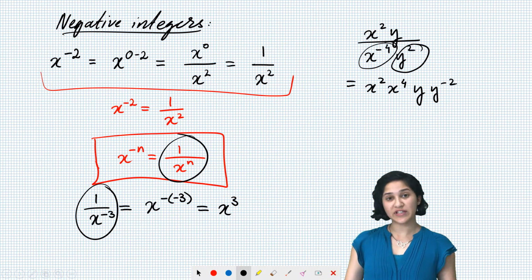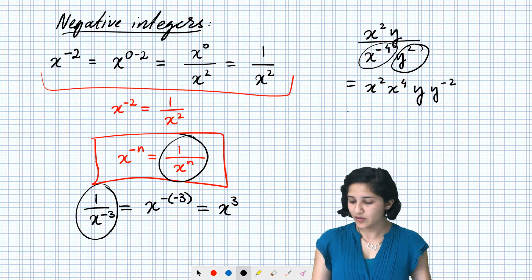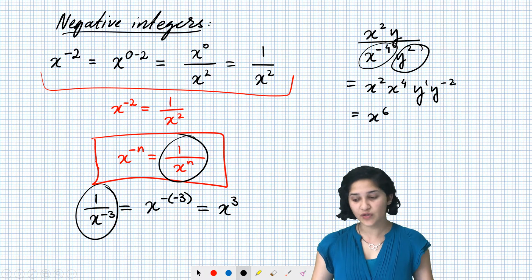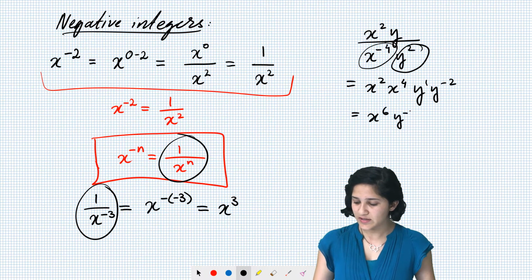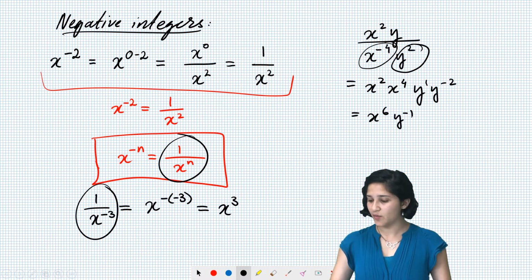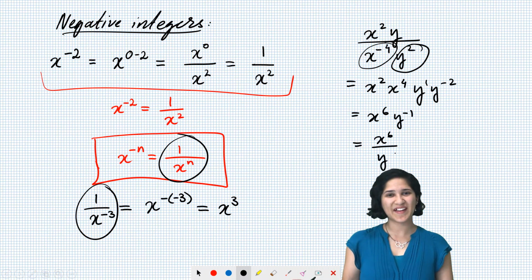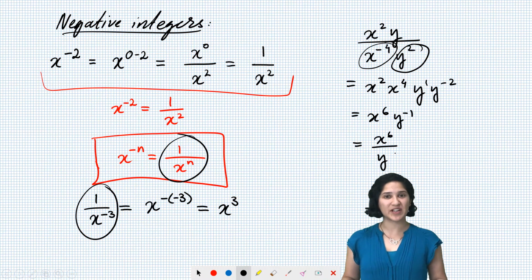And now I can go through and just add the powers. So 2 and 4 is 6, and 1 and negative 2 is negative 1. So I can write x to the 6 y to the negative 1, or I can change that back to the positive index form, which is x to the 6 y to the 1, so just y. Alright, so that's how we can use negative indices to simplify expressions.